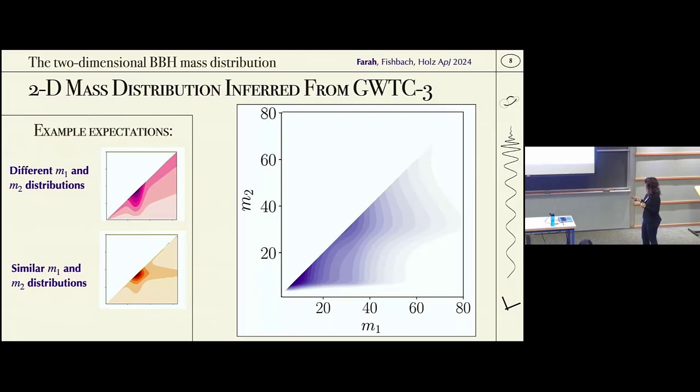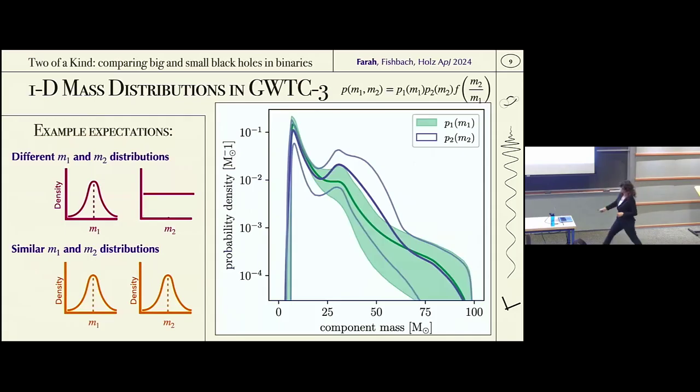So what Maya, Daniel, and I did is we modeled this in a way that we could fit for the preference for equal masses in a binary and then factor it out. So that's what this is. This is how we're doing it. That's what you asked about.